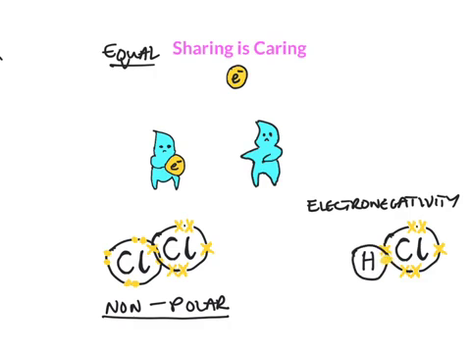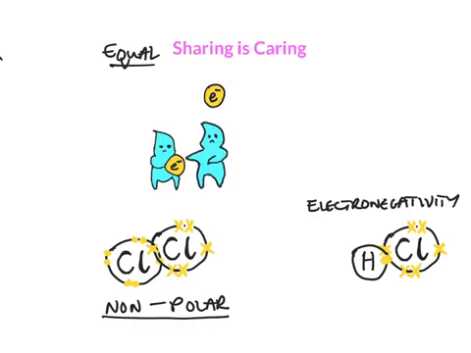And what that basically means is the chlorine here is going to hog the electron. And so the electron's going to spend a bit of time over here and then mainly over here, and then back to the hydrogen and a bit more time here, and then back to the hydrogen and then a bit more time here. So it's an unequal sharing.